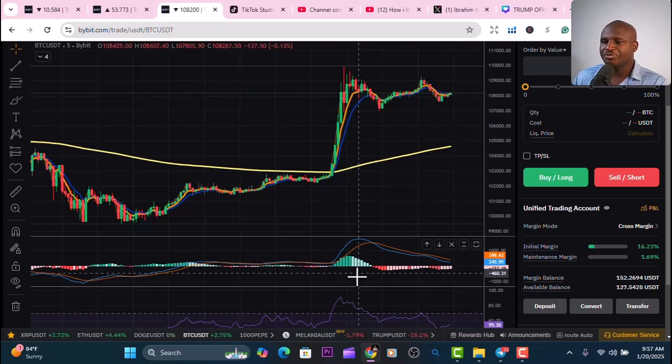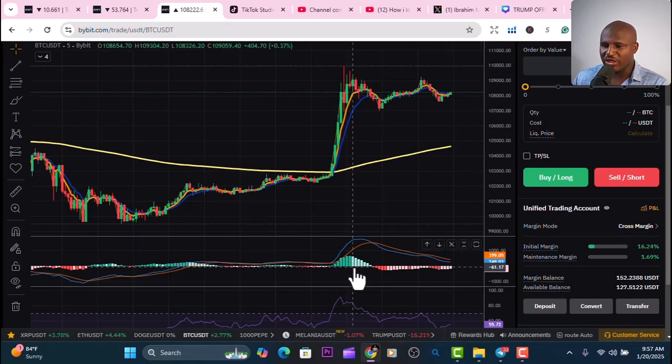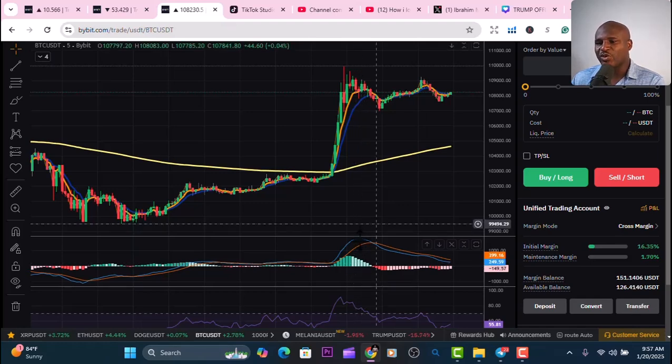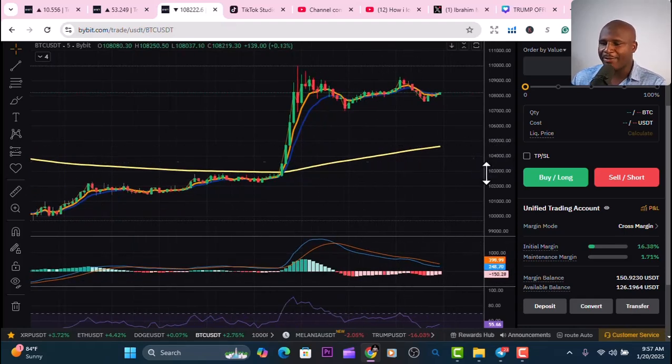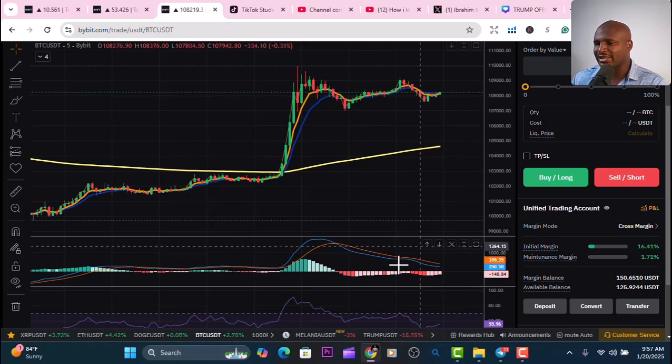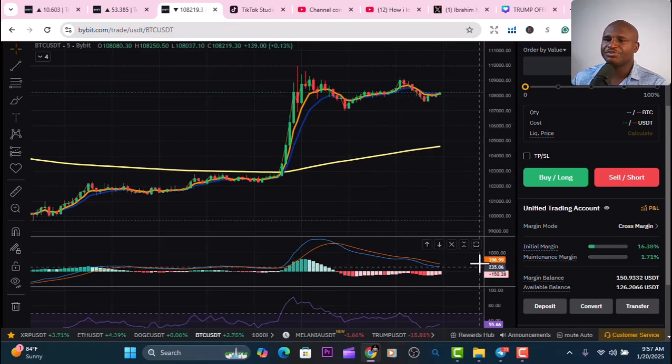You add that with the histogram, and you can see that the strength of the rise started to weaken, and that is why you see the thin green lines. Then when it crossed over, it started with red. The price can still go down or up, because now it's showing that there's weakness. They've bought a lot.